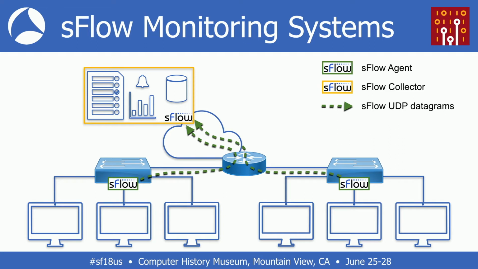And somewhere in the network you have the sFlow collector, a piece of software typically that listens for incoming UDP sessions that come from the sFlow agents. And as you can see here, the traffic is unidirectional. The arrow only points to the sFlow collector. We will discuss this more in detail later.